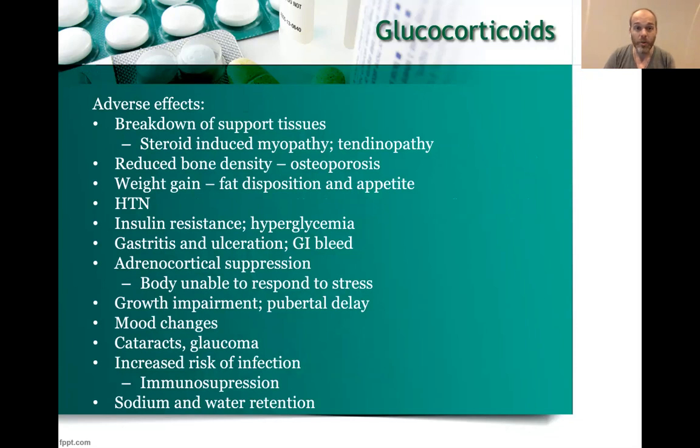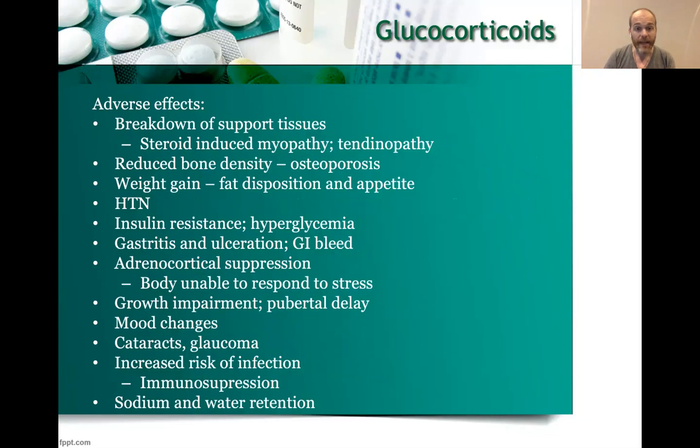They're only good for short-term use because they have a lot of side effects. They can cause myopathies and tendinopathies. They can cause reduced bone density, weight gain, hypertension, hyperglycemia, GI bleeds.